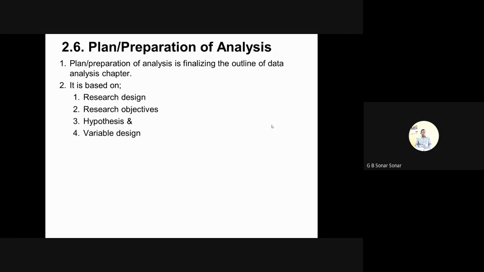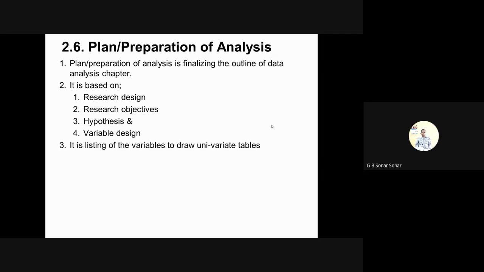Then the fourth parameter is variable design. In every research, we define which variable is independent and which variable is dependent in our study. The set of independent and dependent variables defined in our study will also help in making the plan of analysis.